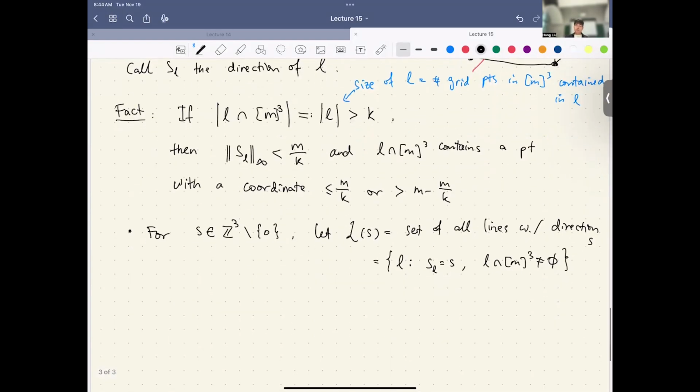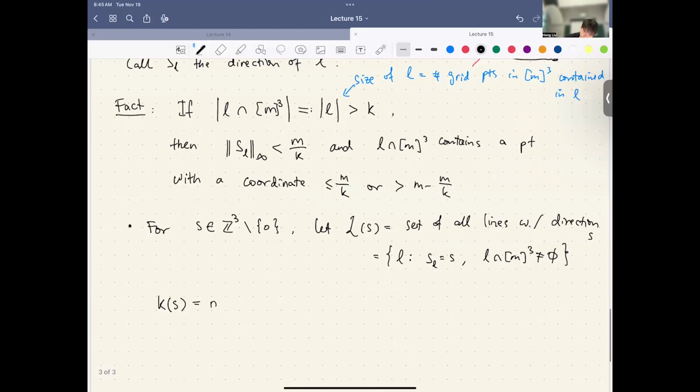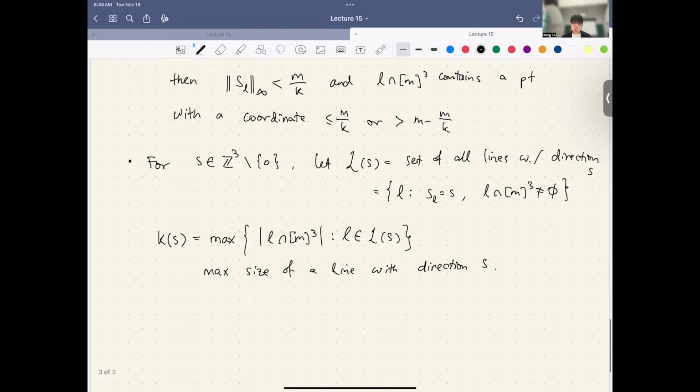You contain at least one grid point, otherwise you don't need to consider those. And let's further define KS to be the maximum size of a line with direction S. Okay, good.